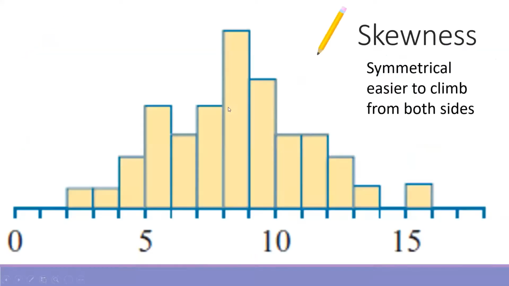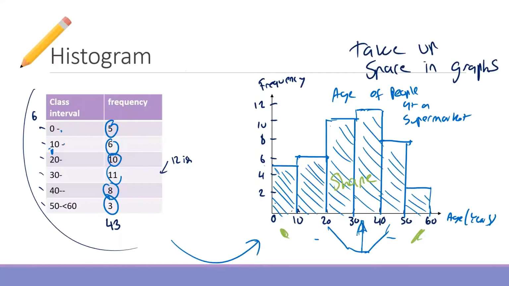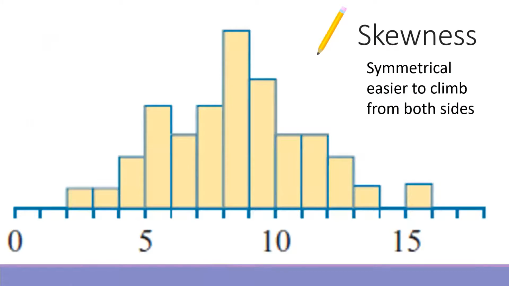We're going to talk about how we analyze the graphs here. Firstly, we're going to talk about skewness. Skewness is essentially the shape of a graph. A symmetrical graph is easy to climb on both sides.